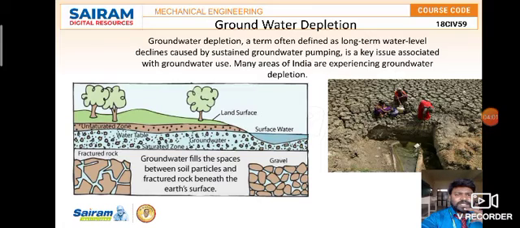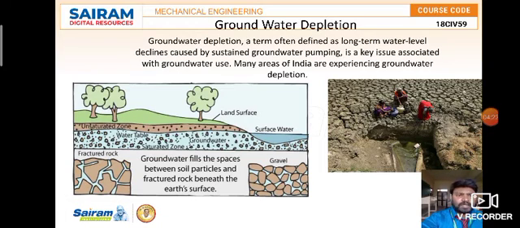Groundwater fills the spaces between soil particles and the fractured rock beneath the earth's surface. If you go deeper and deeper, you can see huge rocks, and in between them the water is stored.